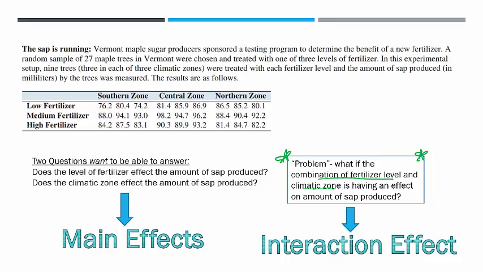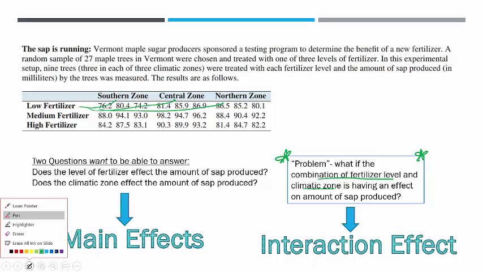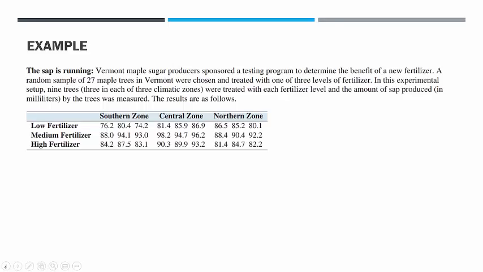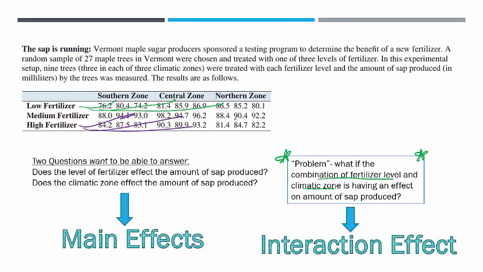What if low fertilizer is behaving differently across the 3 zones, and in a very different way than the high fertilizer is acting across the 3 zones? That's called the interaction effect.